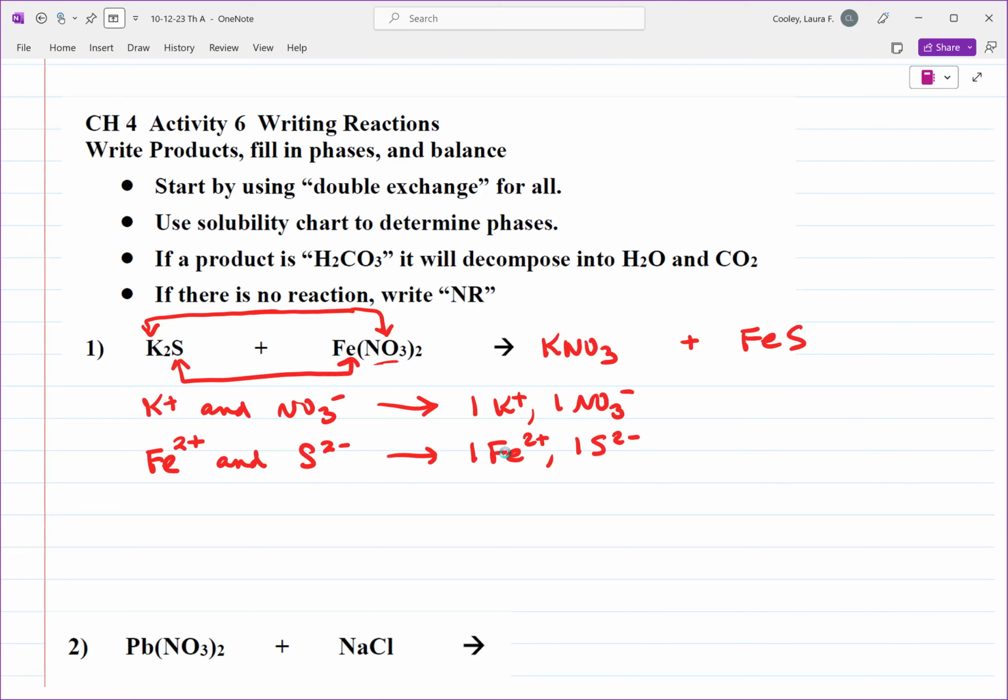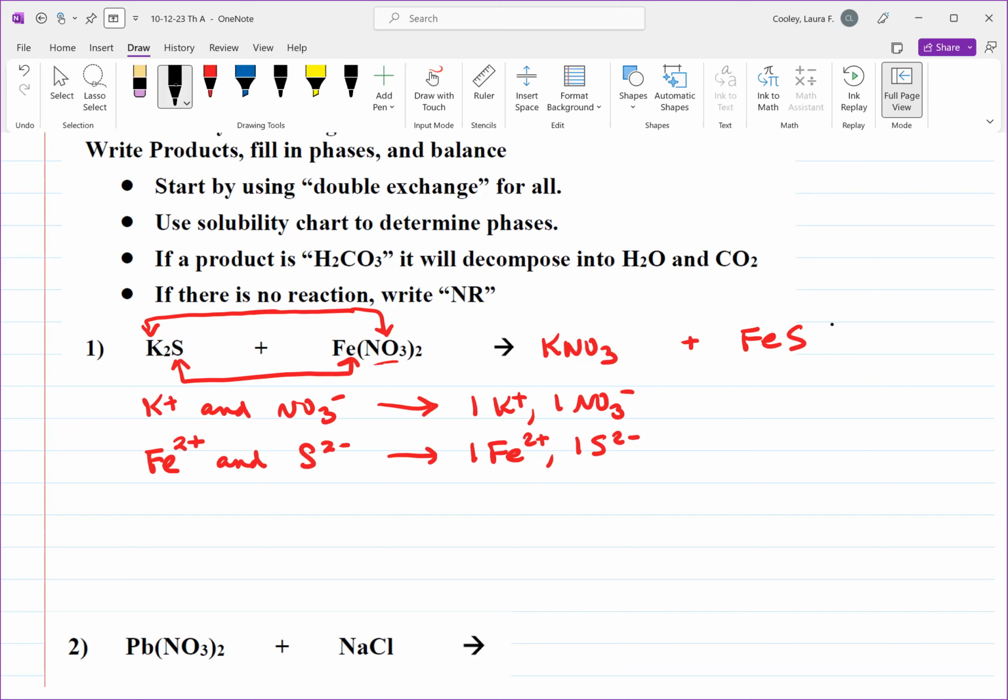FeS. And now you look on your chart in the back here. Tell me, which one of those is insoluble? The sulfide one, yeah. So that's going to be solid.